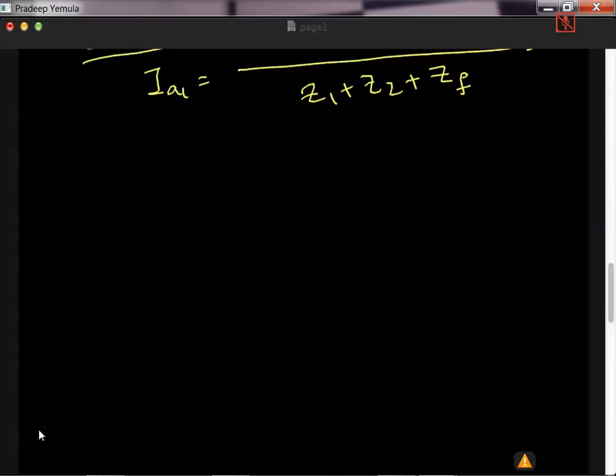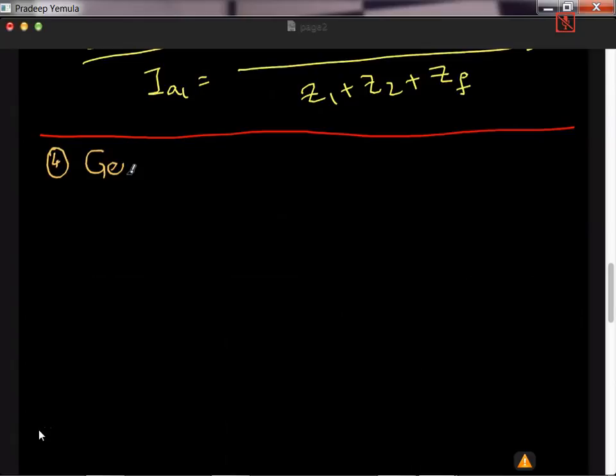So I'll draw a line. Generator with LLG fault.